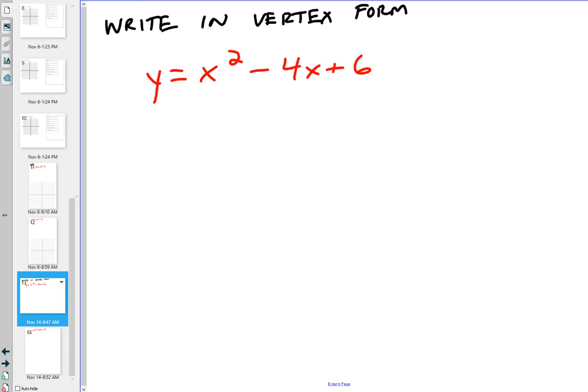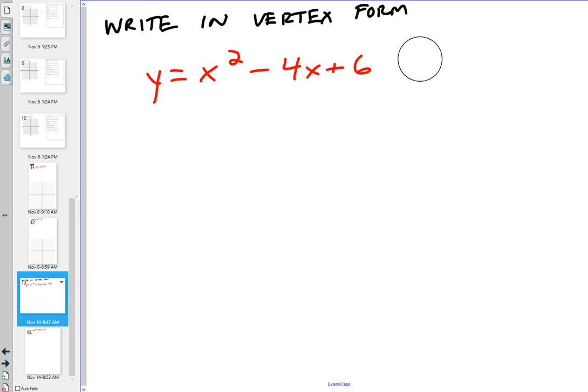What form is this function written in? Standard form. The directions say to change it to vertex form. There's two ways to do this. What numbers can I identify when I'm in standard form?